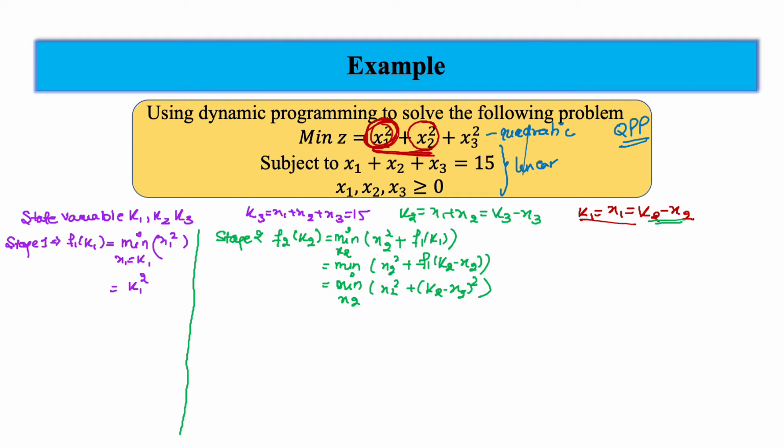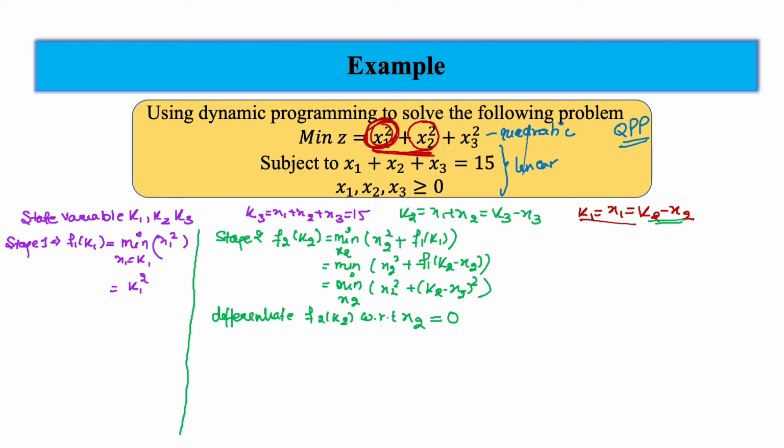So we will use the concept of derivative. So we simply differentiate this function and put it equals to 0. So we will differentiate f2 with respect to x2 and put it equals to 0.